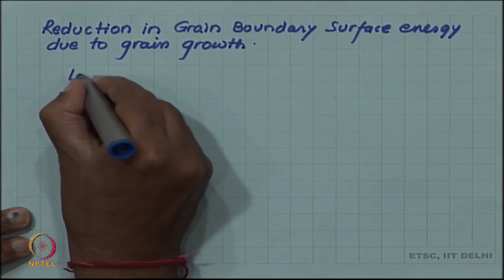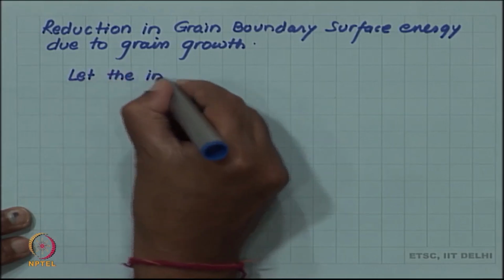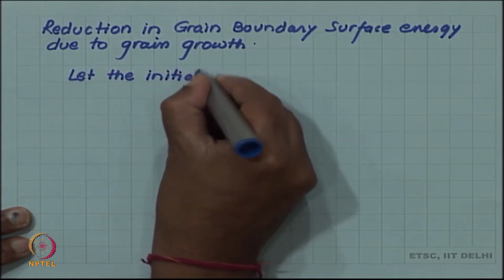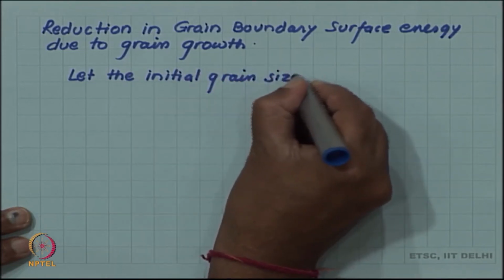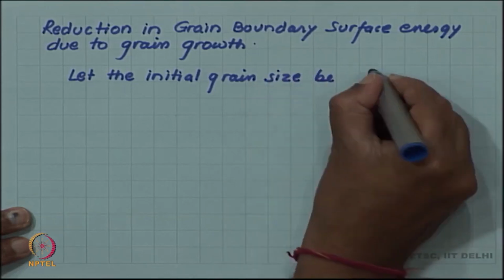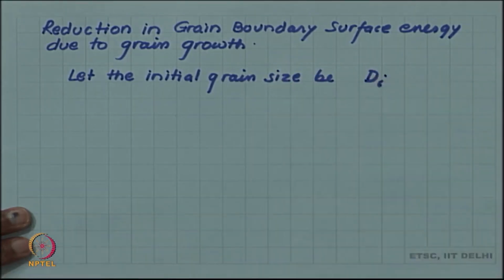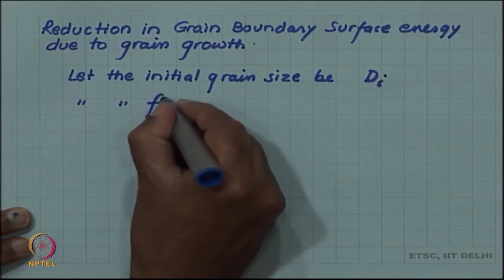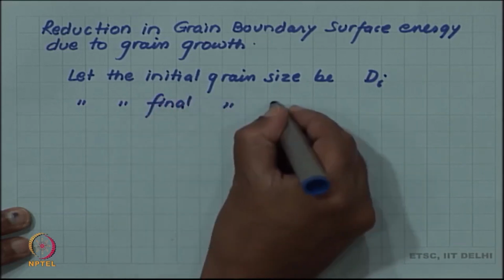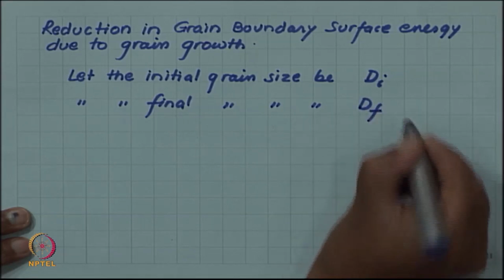So, let the initial grain size be d initial, di, and let the final grain size after grain growth be df.